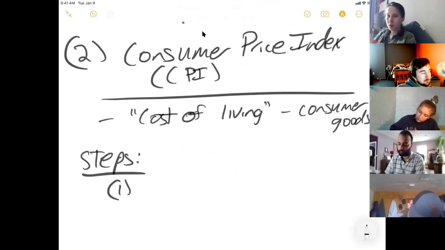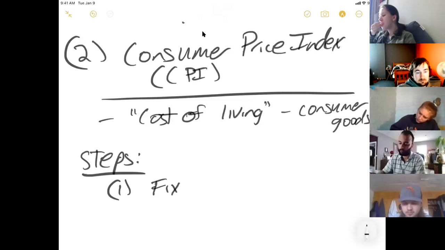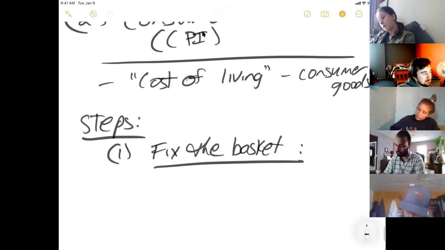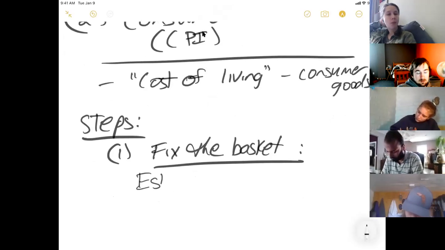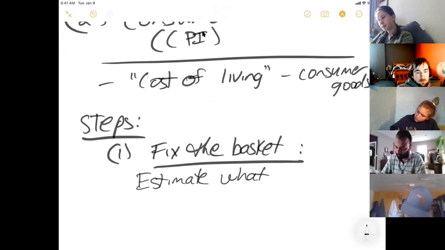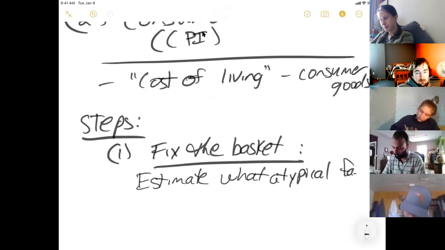Well, the first thing that the government does when they calculate this is they fix the basket. And basically, what this means is they estimate what a typical family consumes each month.